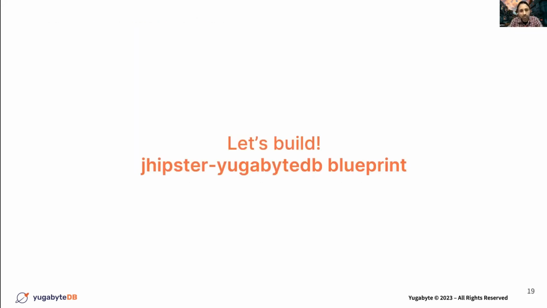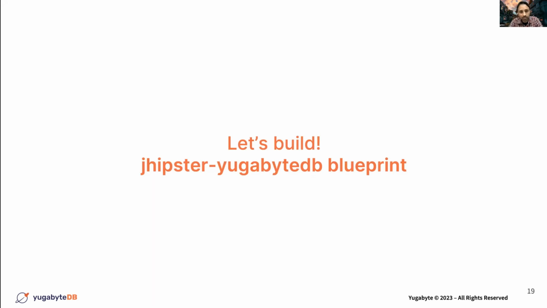The good thing about JHipster is that it is an open source project with a vibrant community, and it is designed on the principle of being open for extensions, right? Today, the open source project supports a ton of databases like Postgres and MySQL. What we have done is we have extended the capability of JHipster with our own blueprint.